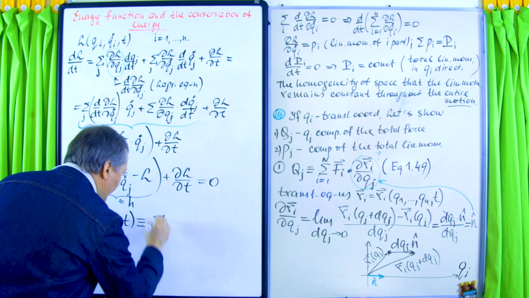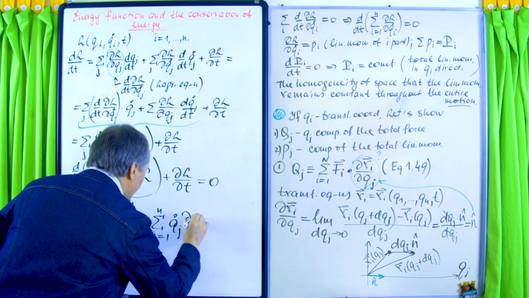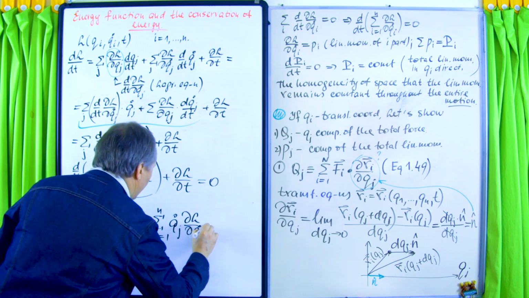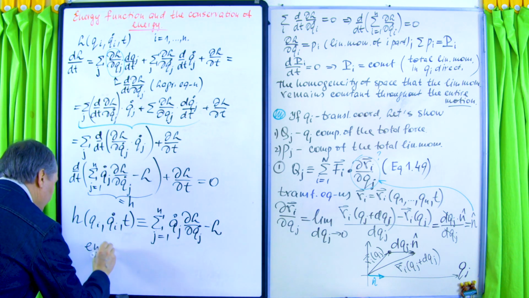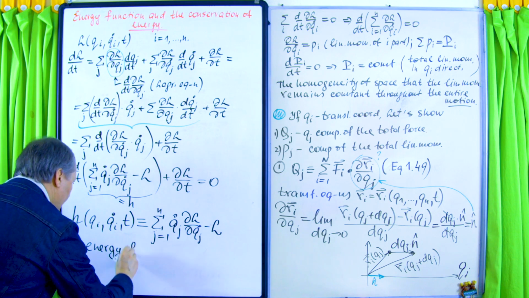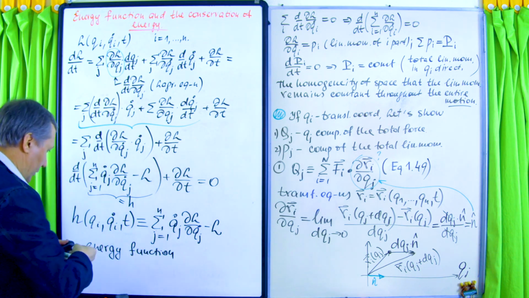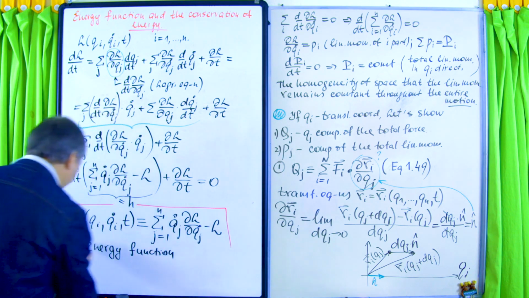Right, j from 1 to n, and it will be qj dot times the partial derivative of L with respect to qj dot minus L. Energy function. Okay, I wanted to get to this point, and now we can call it a day.